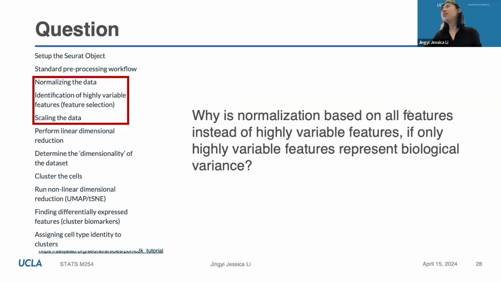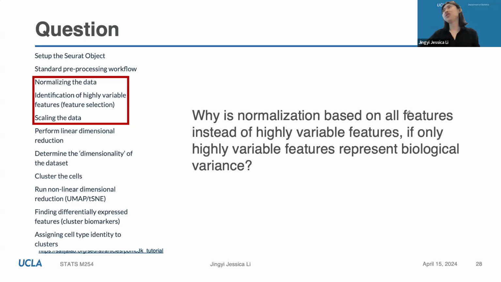The rationale for doing highly variable feature selection is that they represent the biological variants, and the remaining features do not. If that's the rationale, why would the normalization be based on all features? Because when you normalize the cell library size to 10K, say, you're using all genes, right?